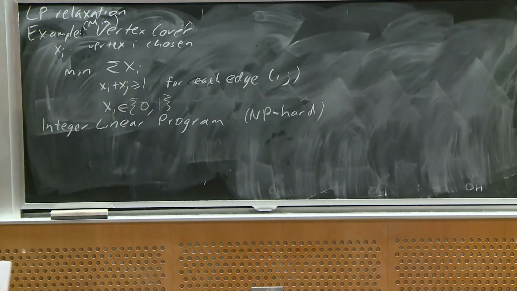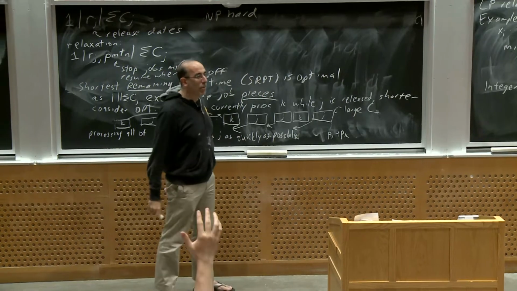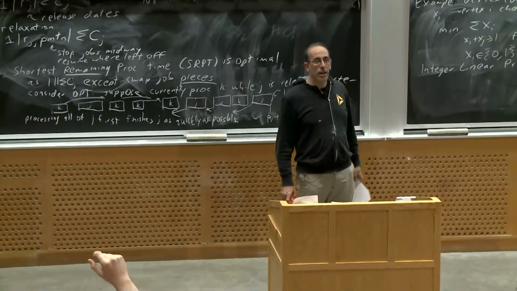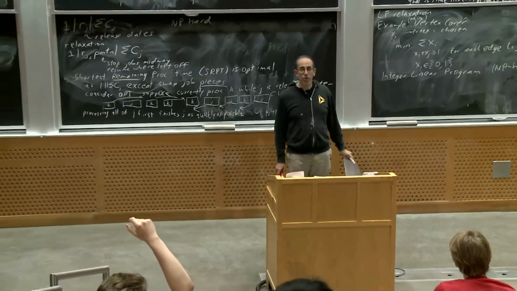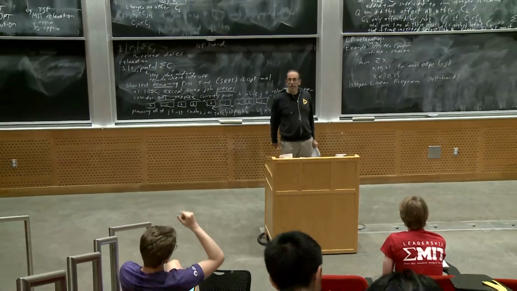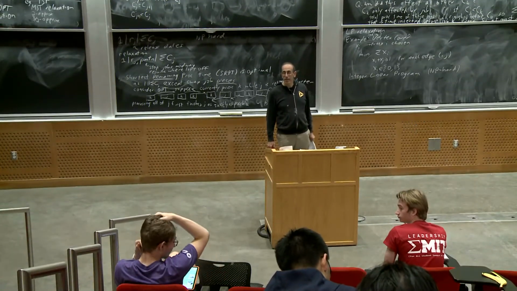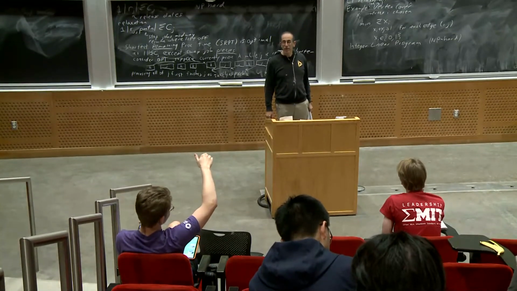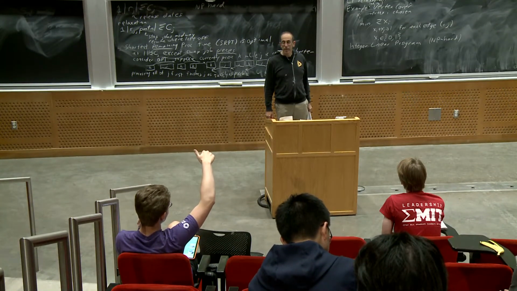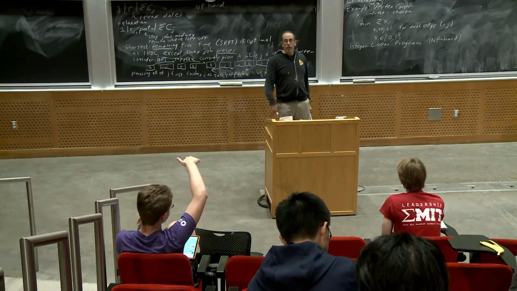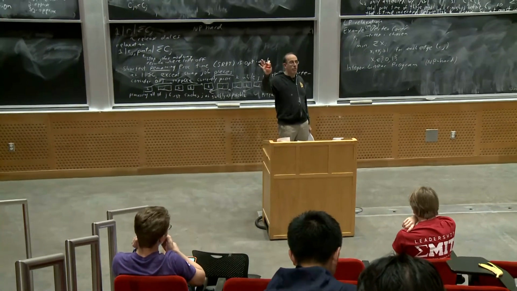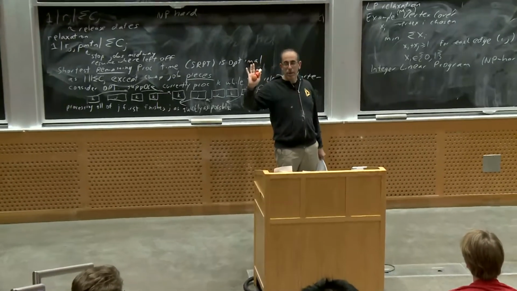So if integer linear programming is NP-hard, what's the point? Why should I bother formulating NP-hard problems as integer linear programs? What if you round all x_i greater than 0.5 to 1 and all other x_i to 0? Okay, so you're running ahead. You're saying, well, if they're not integers, maybe I can do something about it.